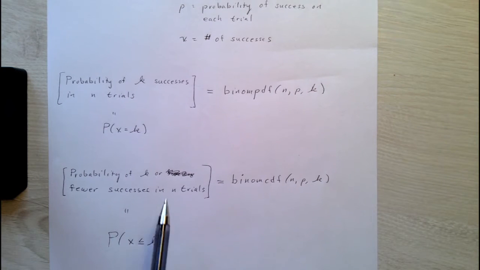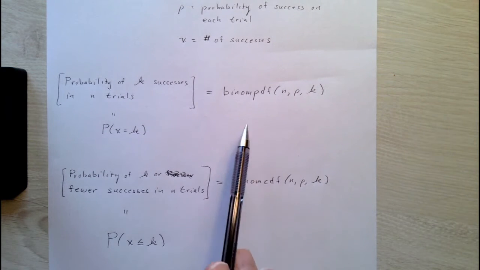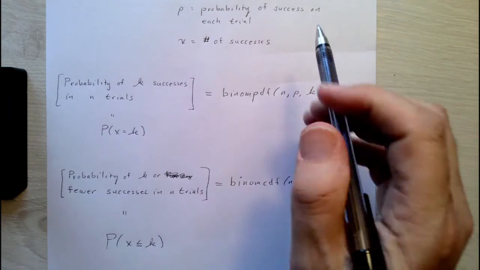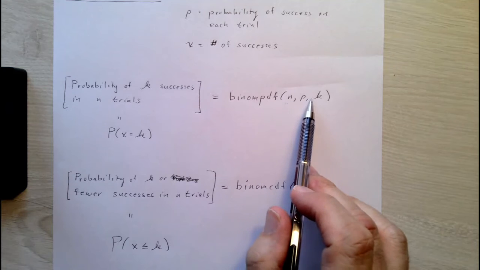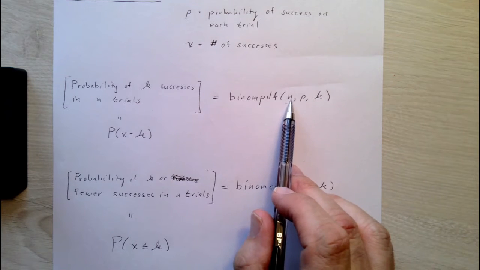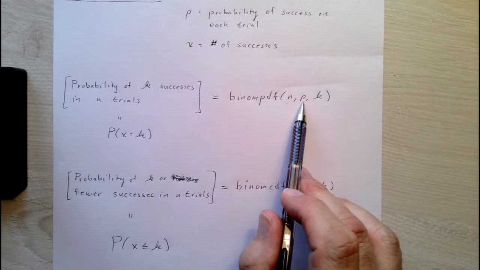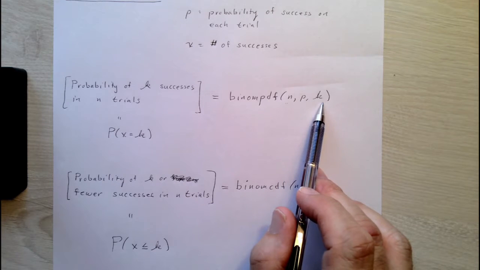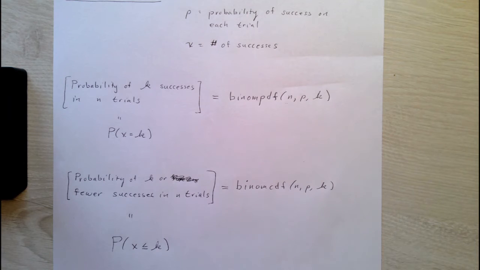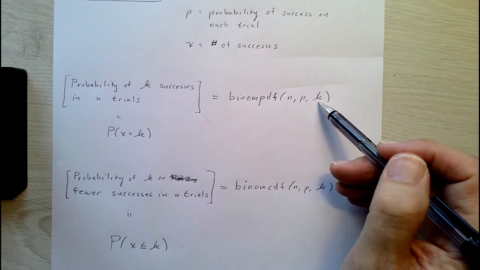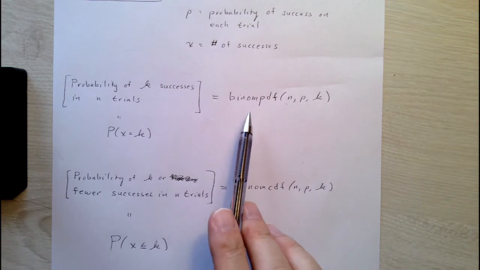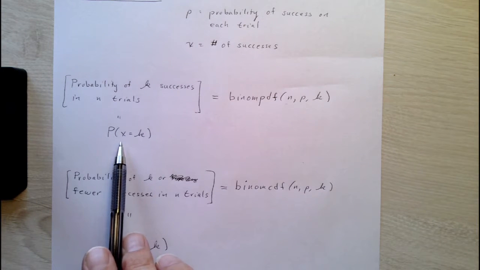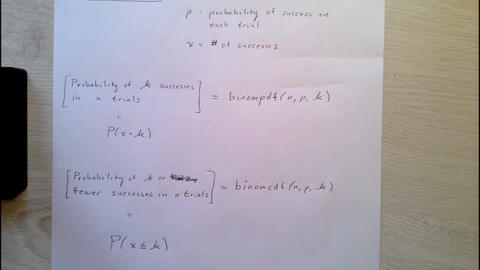And we have a special command on our calculator called binompdf, and you just have to enter these three variables: n, the number of trials; p, the probability of success on each trial; and k, the number of successes. Obviously k is going to be a number between 0 and n. So that's for the PDF. That's when you want to find the probability of exactly k successes.